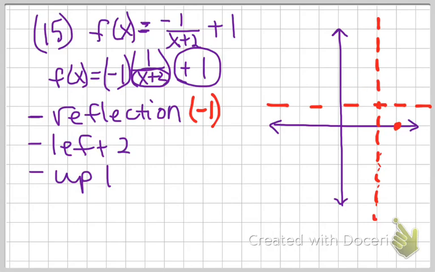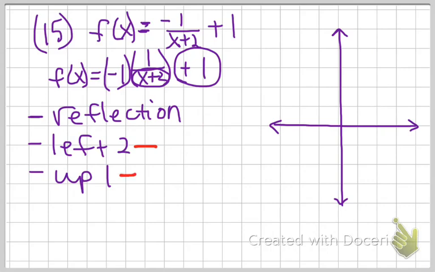Okay, so let me fix this. I went right instead of going left. Thankfully I have a little erase here. So left 2 and up 1 would be over here. So here's my asymptotes.